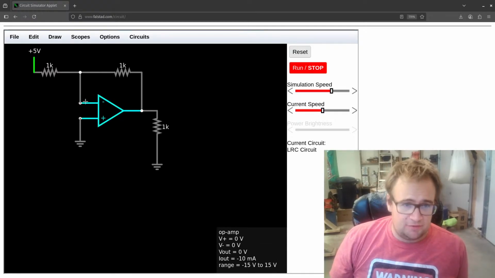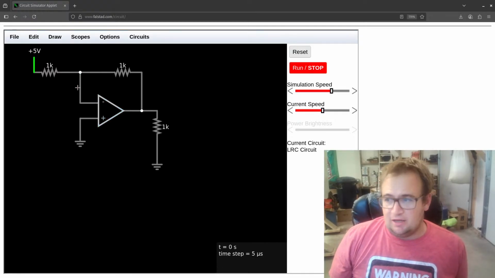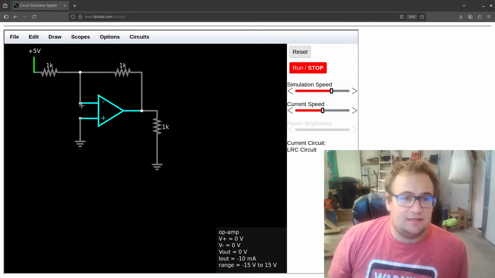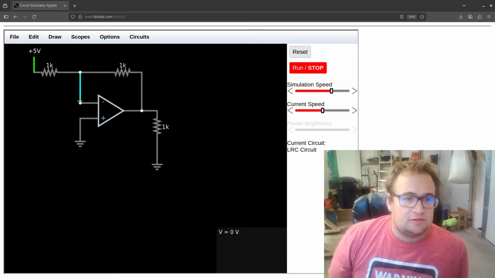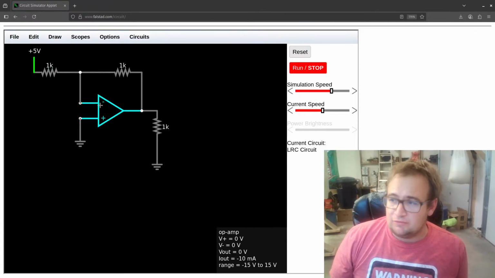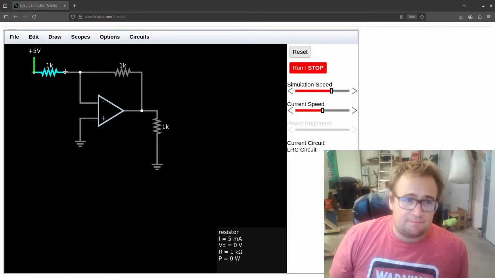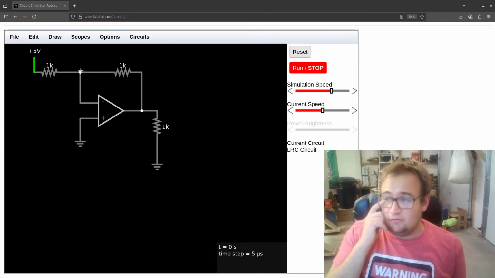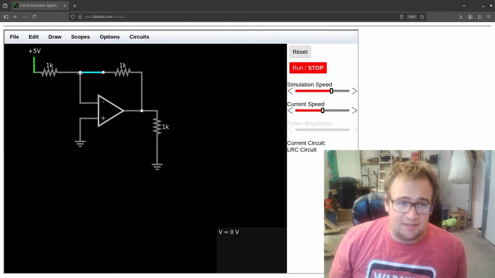So we'll assume an ideal op amp here, because usually that is appropriate. So this is 0 volts here. And we also know no current flows in to this input. So that means this 5 volts has to be down to 0 volts by the time it gets here.